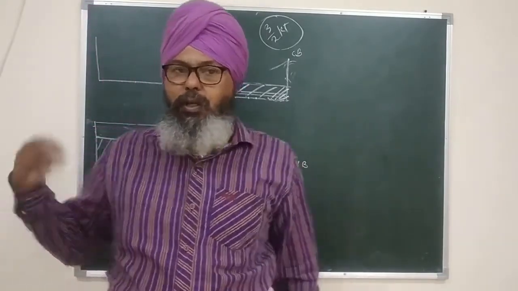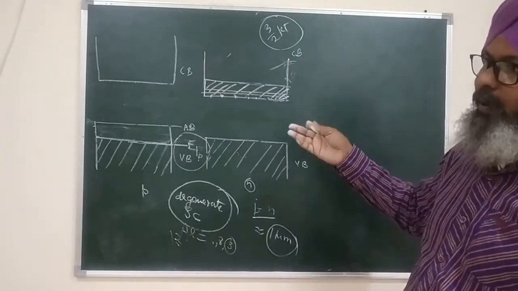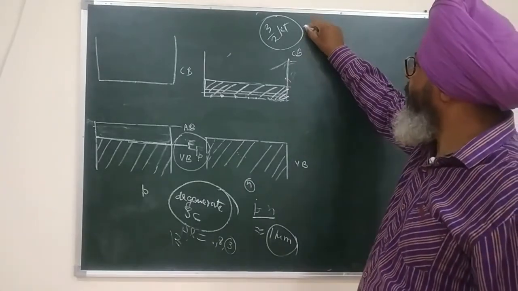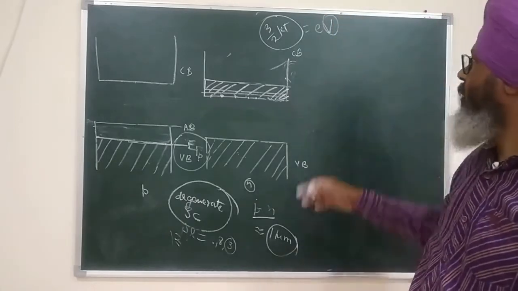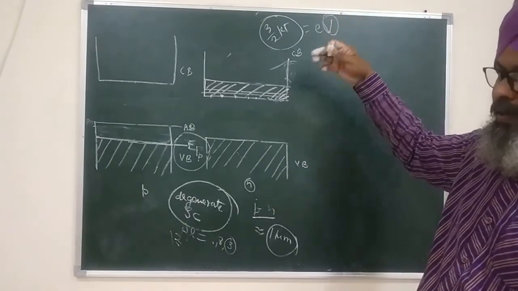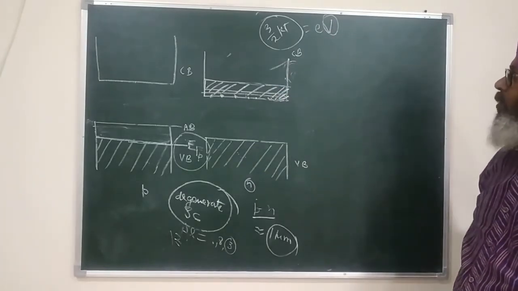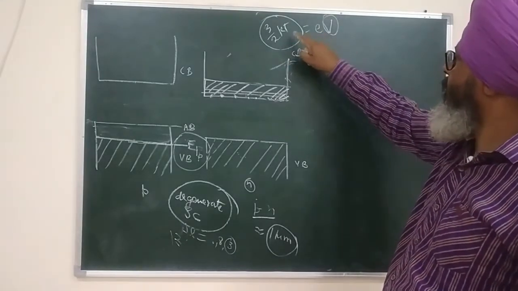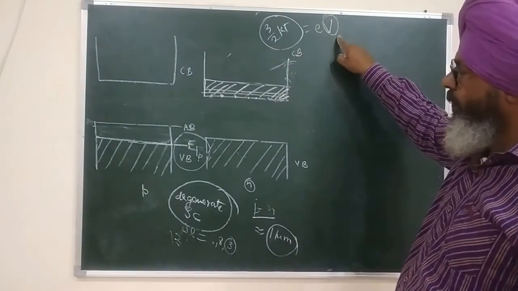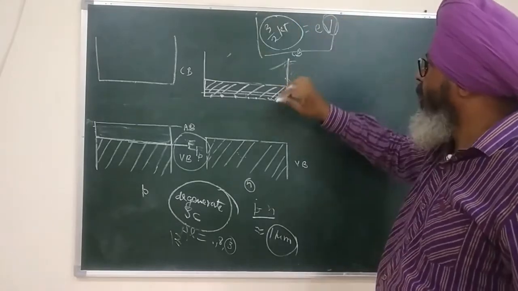If you talk in terms of energies, then at equilibrium, when the diode formation is complete, 3/2 kT will be equal to eV, where V is the increased potential. This value will increase as more and more electrons diffuse from n to p, and this will always remain the same. At equilibrium, 3/2 kT must be equal to eV, and this is something we talk about in terms of energy.